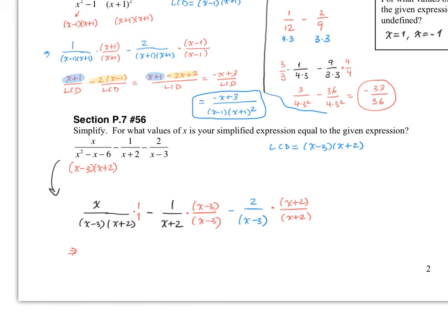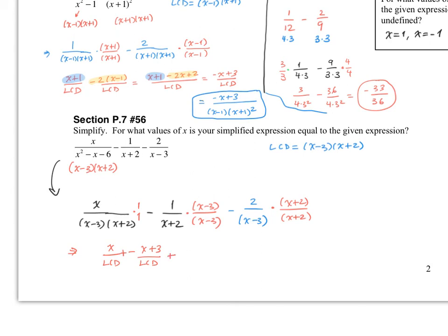Okay. So therefore from here we have the following. We have x over the LCD minus x plus 3 over the LCD. The minus and minus becomes plus. And then, well, you can write like this, plus, minus down.